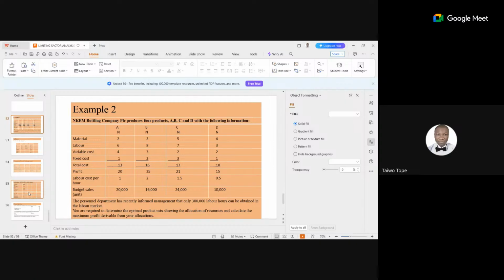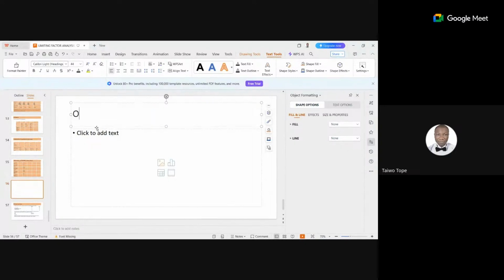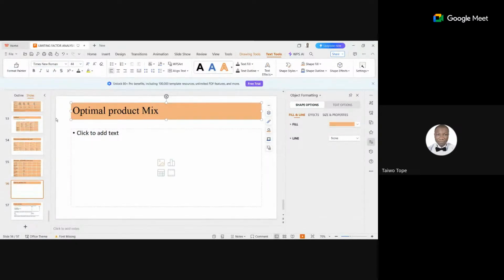So now, based on this, the optimal product mix is what? That is the various units you produce for each of the products.